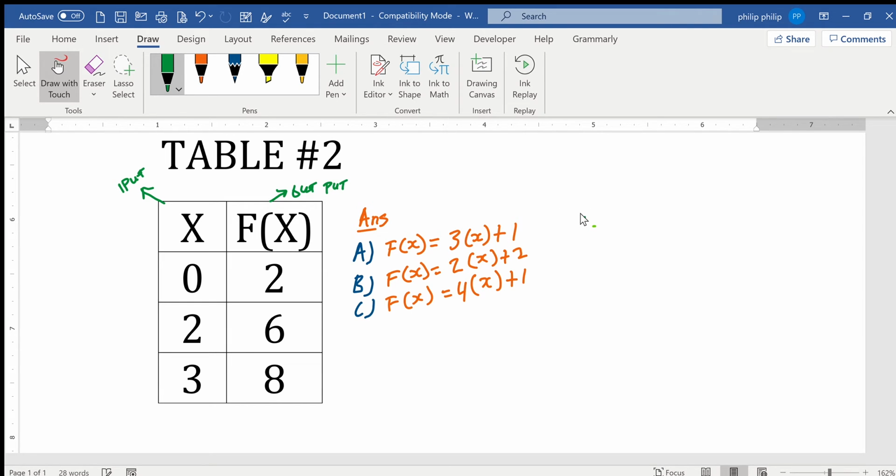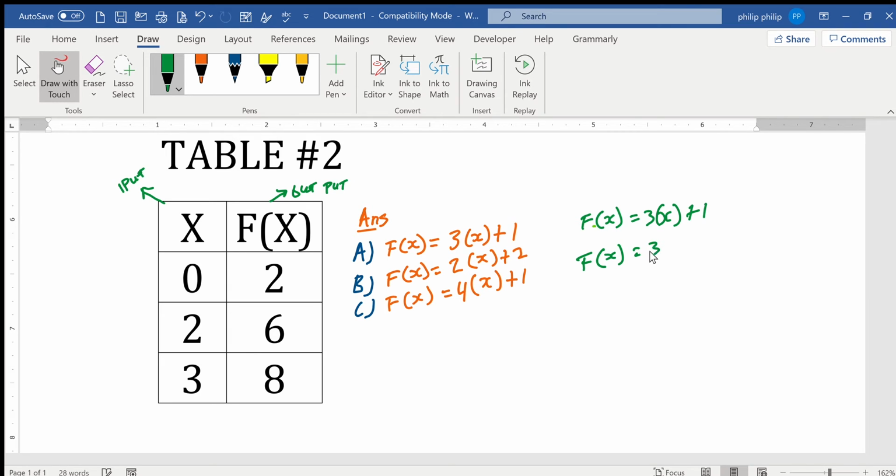So we have f of x is equal to 3 times x plus 1. Right, now what's our first input value?